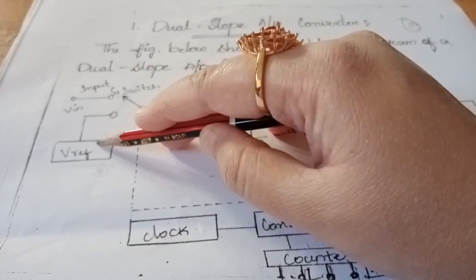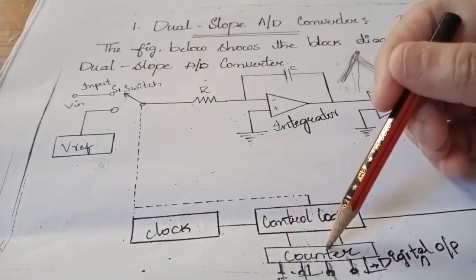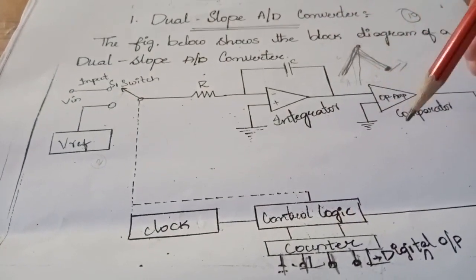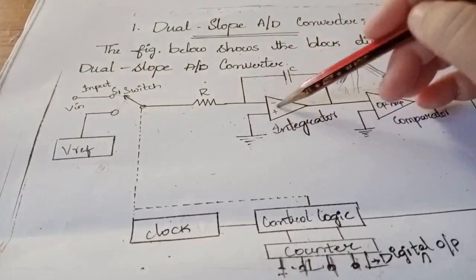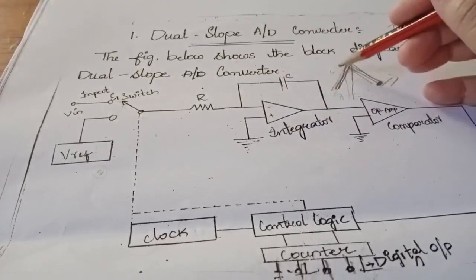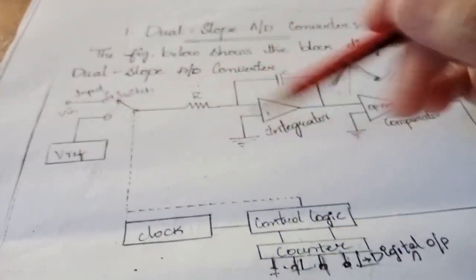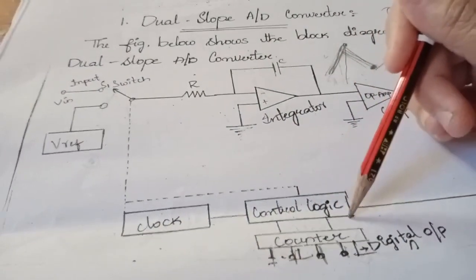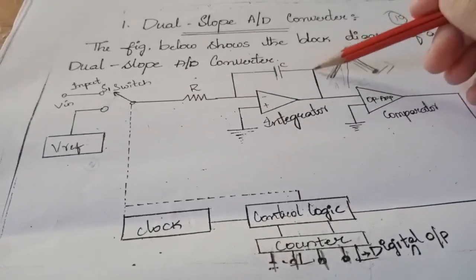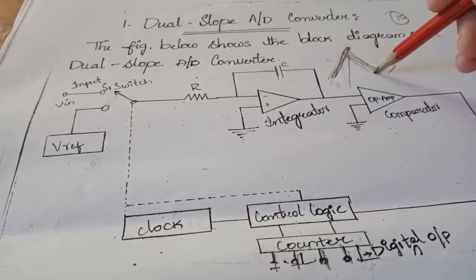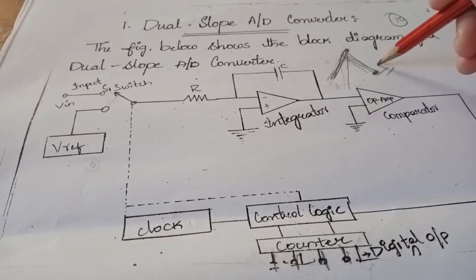Now in this reference voltage, the counter is reset. Reset means it will start to count from 0 0 0. As the reference voltage is connected, the capacitor will start discharging and the counter will start counting. The integrator output will discharge with the current ID.